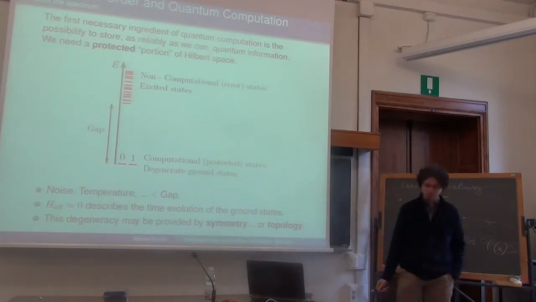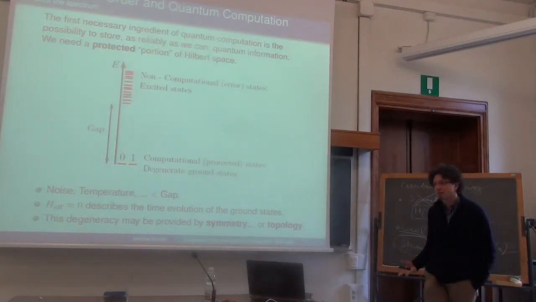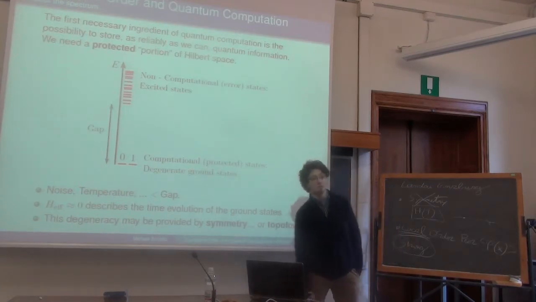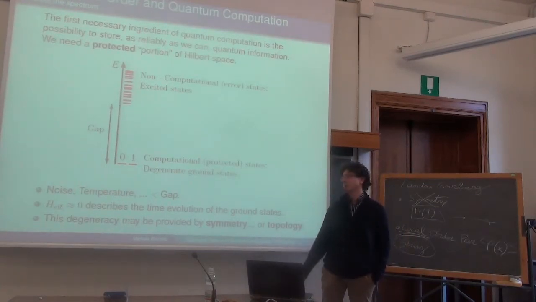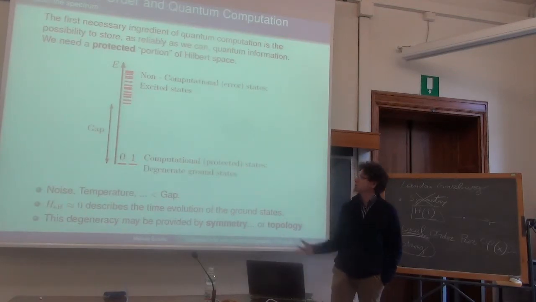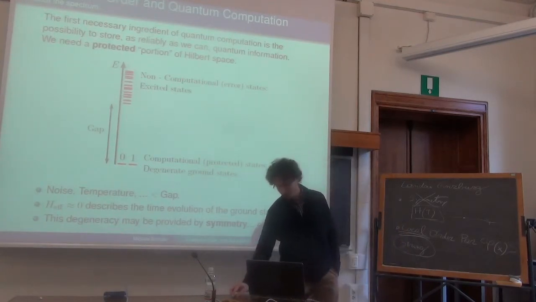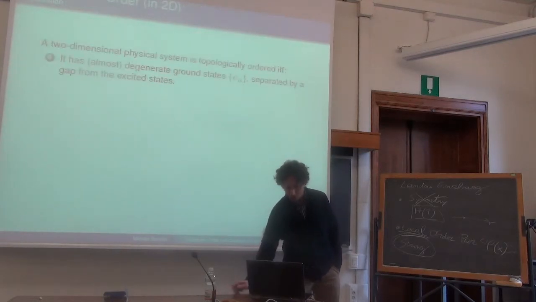And usually this protection is achieved through the presence of symmetries in your Hamiltonian. Instead, in the system that we are going to analyze today, this protection will be achieved through some topological characteristic, and we will check this better later.